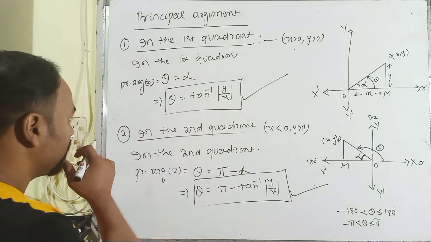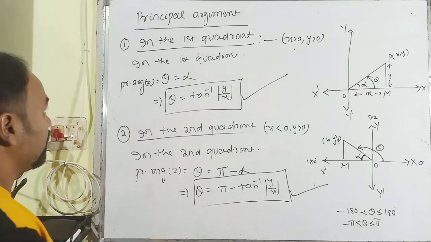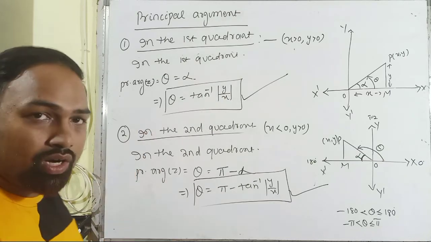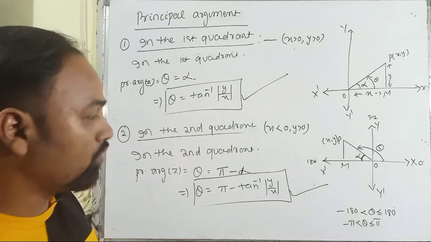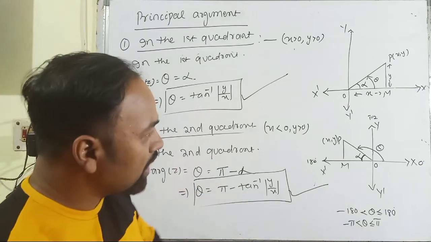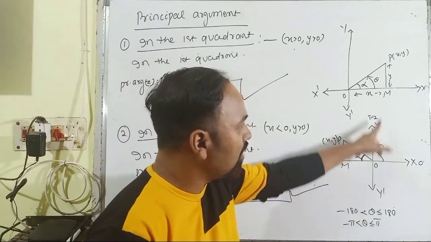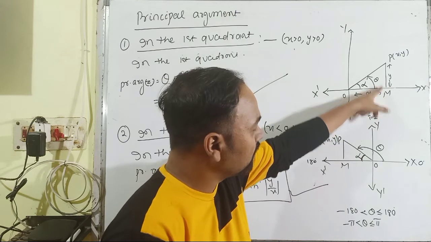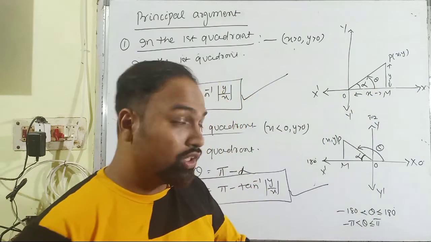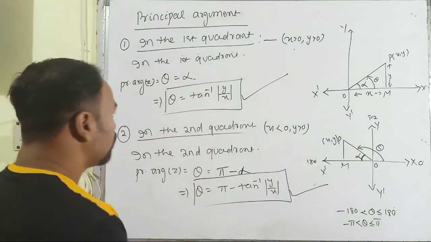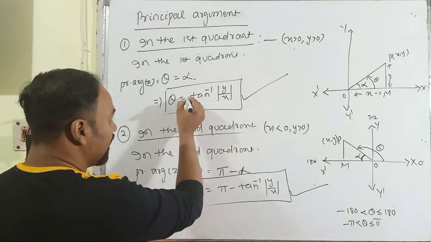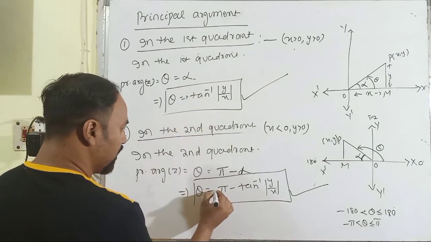So that is all about the fundamental behind the principal argument in the first quadrant and also in the second quadrant. Another thing: as we are measuring the angle theta from the positive direction of the x-axis in the anti-clockwise direction, we get a positive value here.